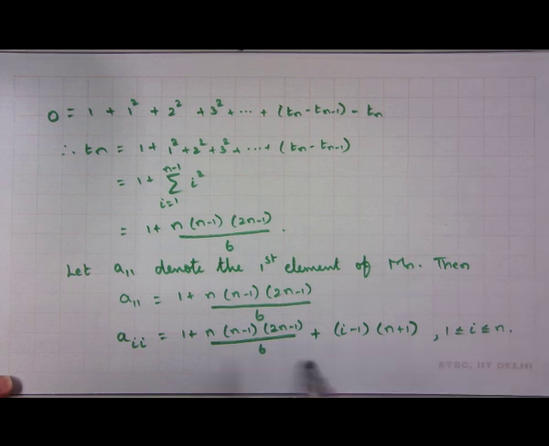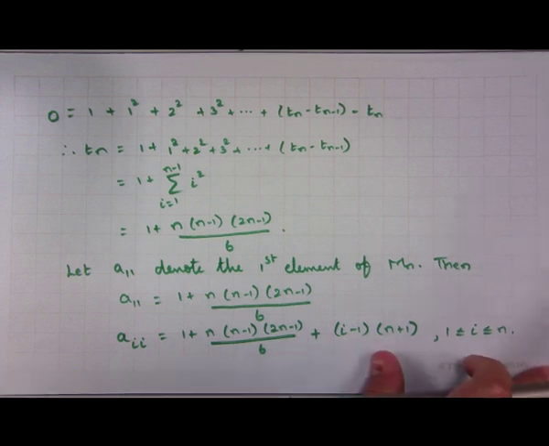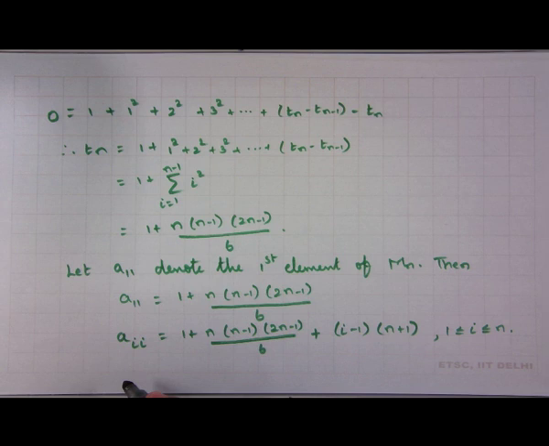If i is 1, you will get the same element, and the others follow, because the difference between any two consecutive terms, ai and ai plus 1, is exactly n plus 1. Therefore, this is the general ai once you know a11.